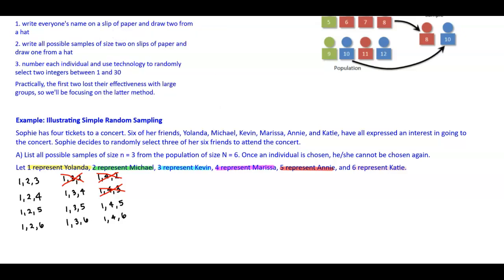Okay, next. We're now going to start with the value of 1 and then 5. So we have 1, 5, 2, 1, 5, 3, 1, 5, 4. We're not going to use 1, 5, 5, and now it's going to be 1, 5, and then 6. Now, is 1, 5, 2 already repeated?